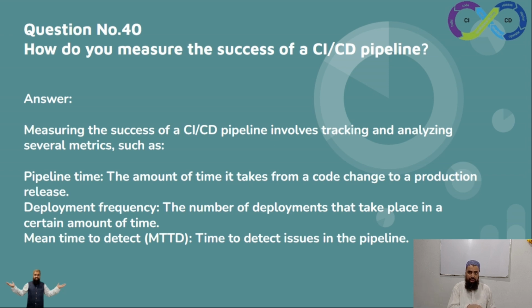We are writing the code, and that code is directly going to production. How much time our CI/CD pipeline has taken, and the deployment frequency, the number of deployments that take place in a certain amount of time. More deployments means that our pipeline is a success. And mean time to detect, MTTD, and if there are any issues, how quickly we have fixed those issues in our pipeline. So that is actually MTTD.